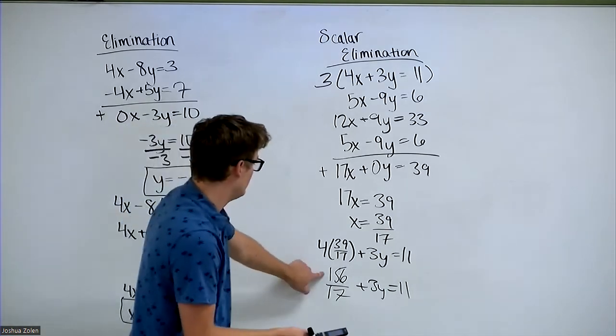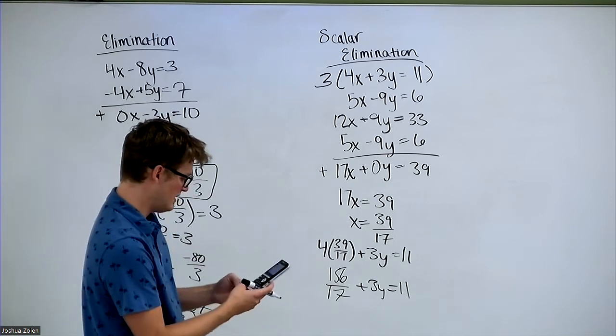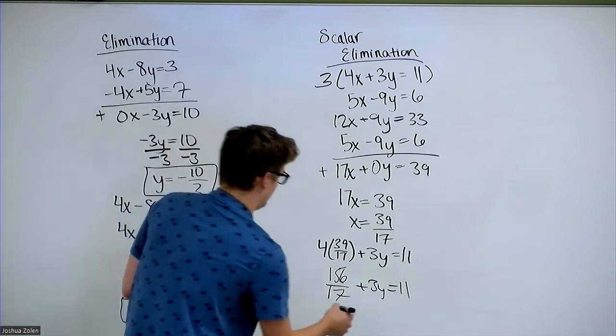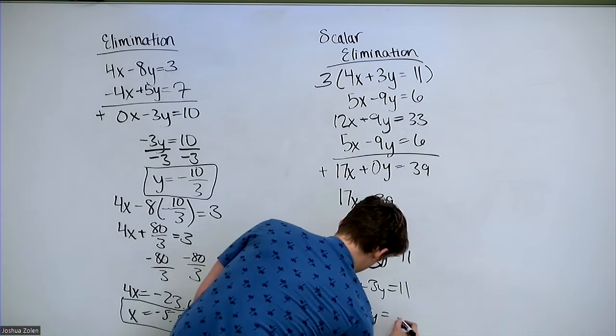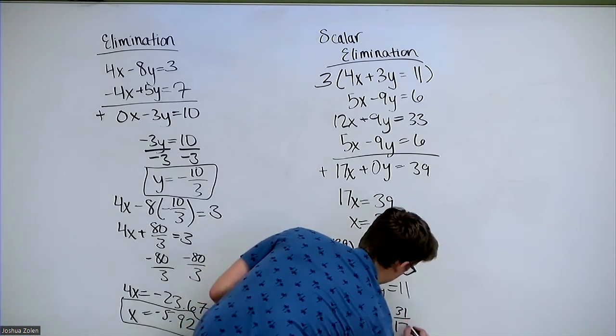And then if we subtract 156 over 17 from both sides, we get 3y is equal to 31 over 17.